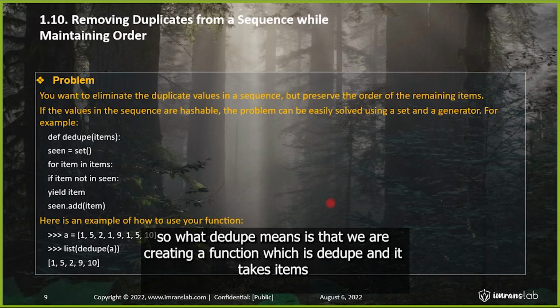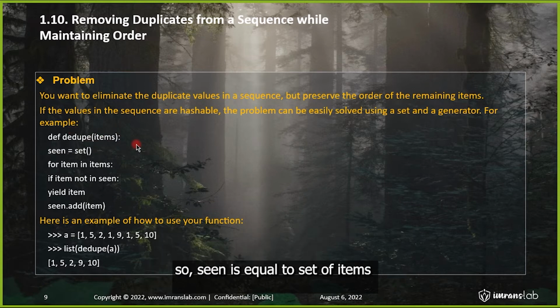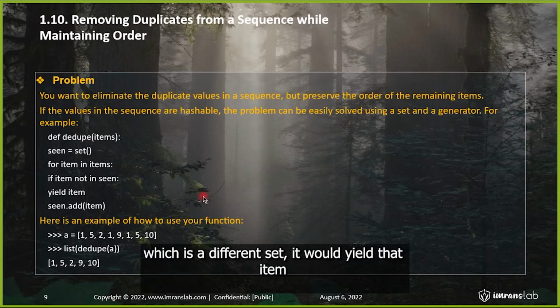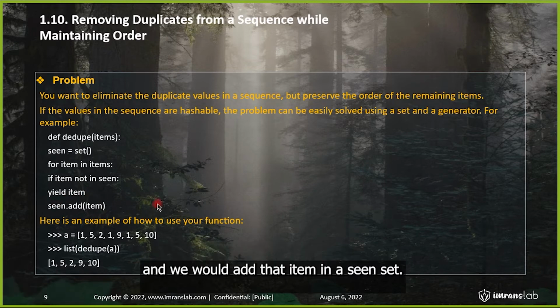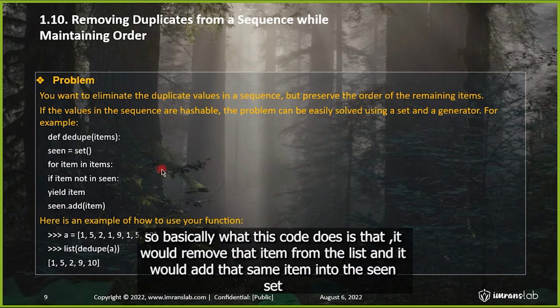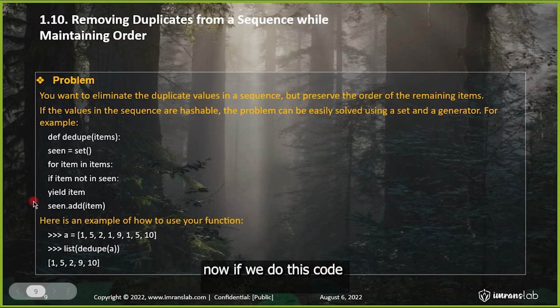So what dedupe means is that we're creating a function called dedupe which takes items. Seen is equal to a set, for item in items, if item not in seen, which is a different set, it would yield that item. So that uncommon item would be yielded out of the list, and we would add that item in seen instead.